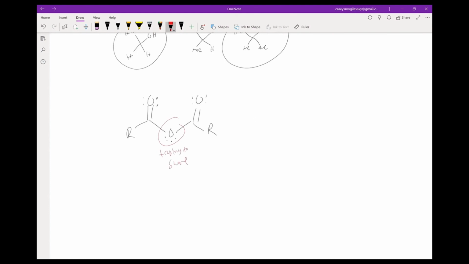And it just doesn't really form any stable resonance structures. You can try to do it like this. But this is really not stable because it's trying to do it with the other one, and it's not exactly the happiest molecule right there.